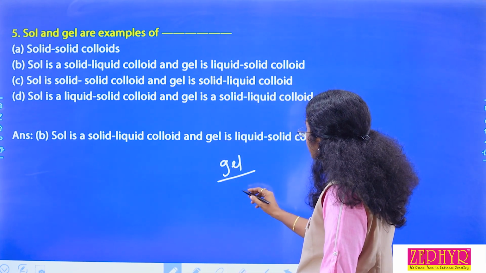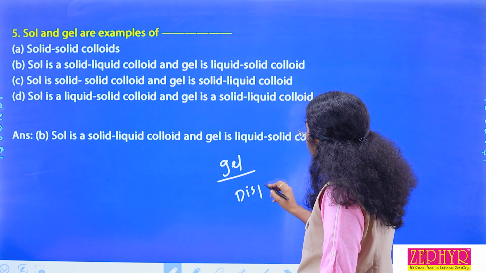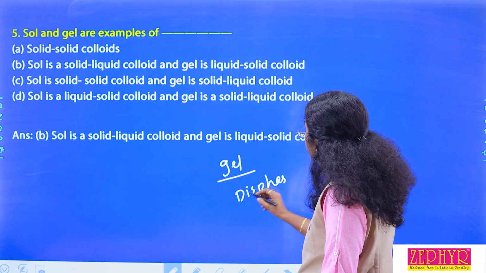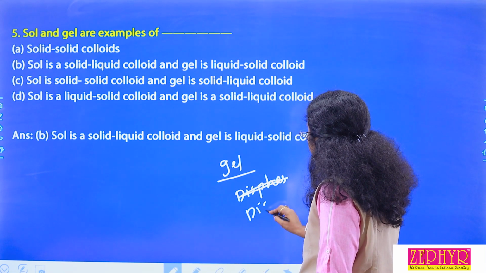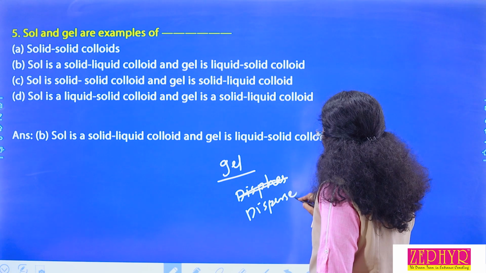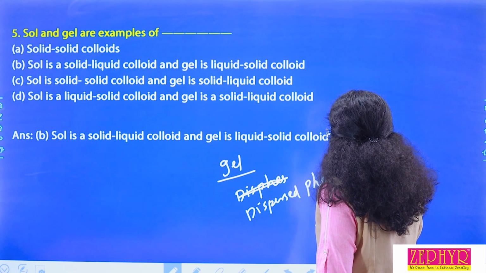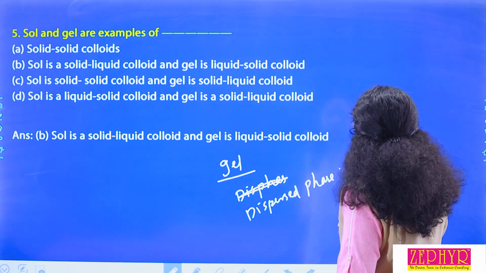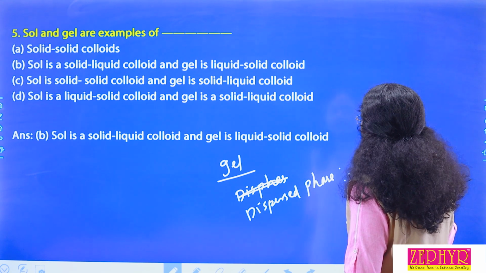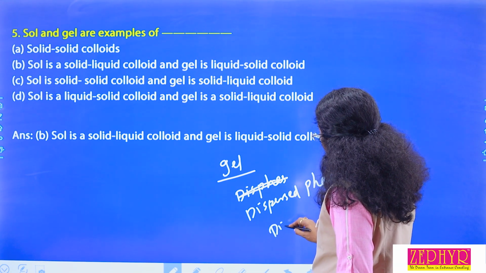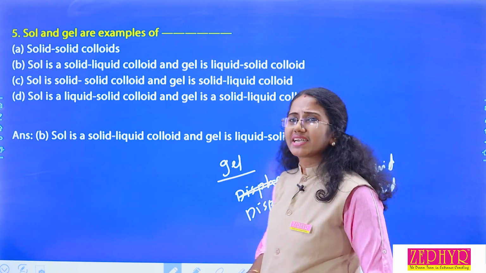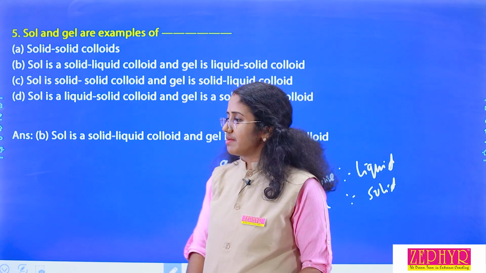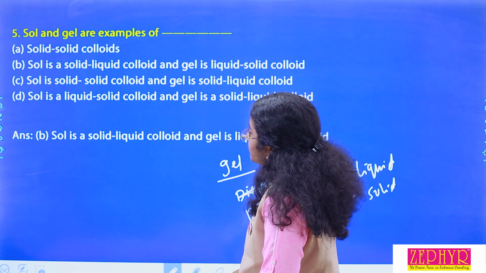In gel, the dispersed phase is liquid and the dispersion medium is solid. Examples are butter, cheese, etc. So the option B.